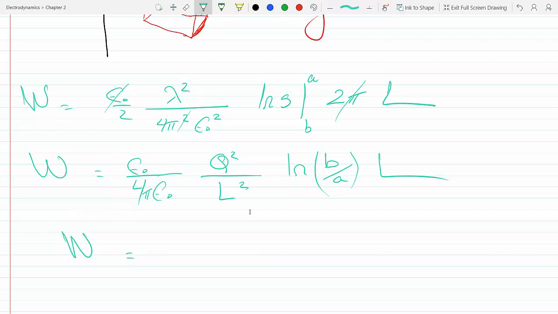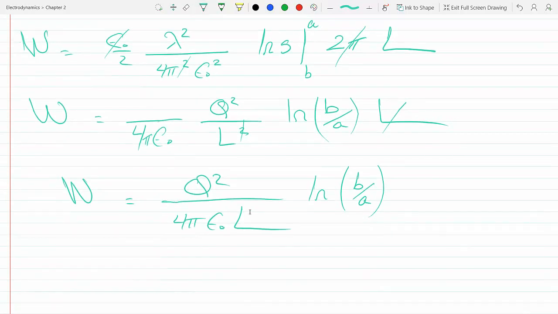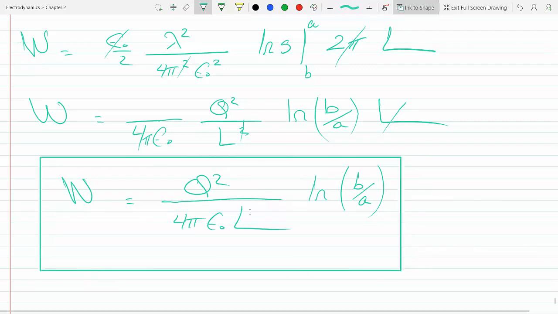There's no more epsilon here. So we get q squared over 4 pi epsilon L, ln b over a. Okay, this would be the energy stored in the field.